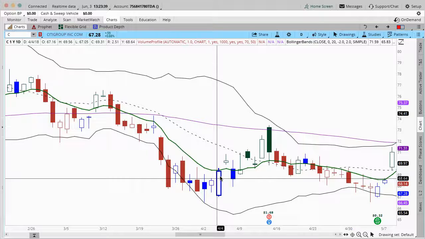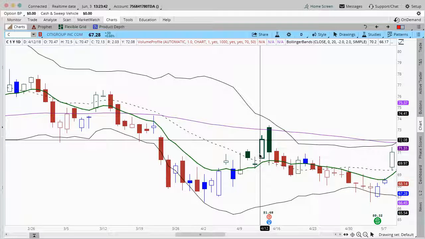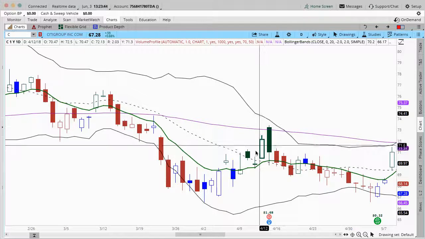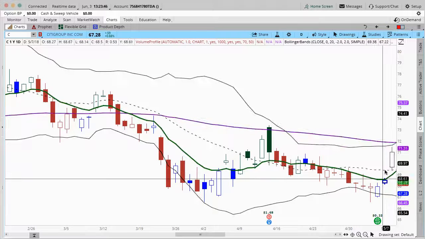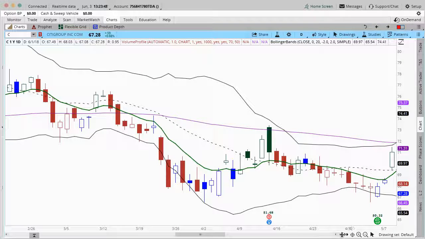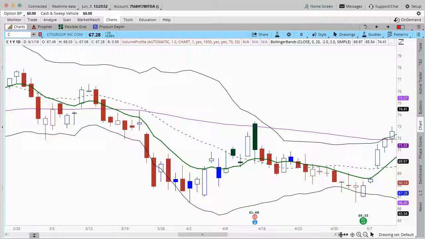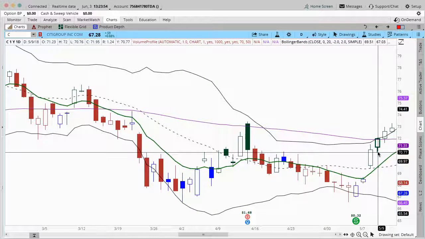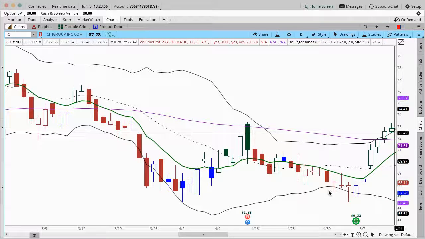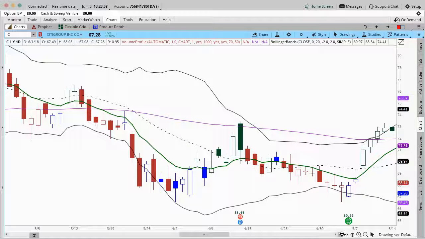Whereas here we had like 6-7 days of moving up, and then we got a pop above the 10 and the 20. Here it happened in a couple days. So this is probably going to run. Runner, runner, runner. Intraday lows, keeping an eye on them.